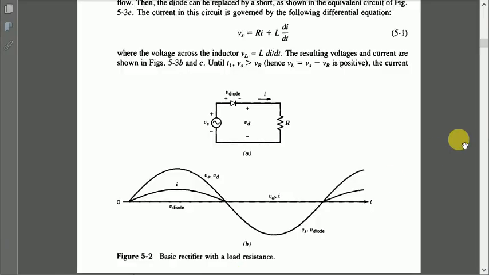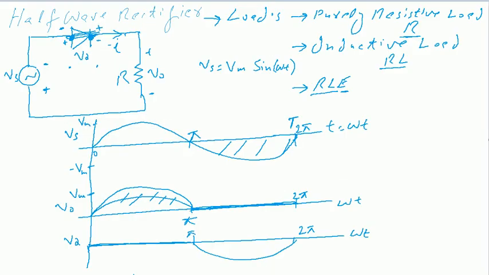You can also see it more clearly in the textbook that we'll be using for the discussion related to the rectifier circuits. You can use different books that you have been using up till now, but we are switching from the one that we have been using for the discussion of DC-DC converter circuits.